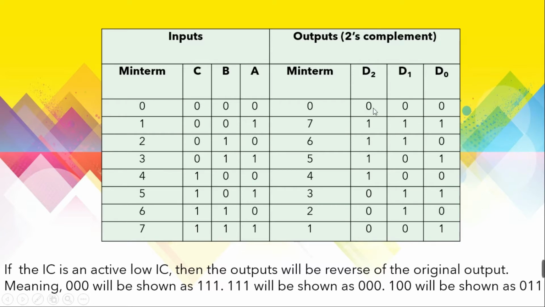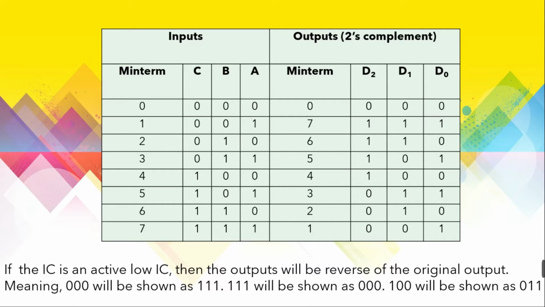It means that if my original output is 0 0 0, like it is here, then since we want to use an active low IC, the output should be 1 1 1. So 0 0 0 will be shown as 1 1 1. If my output is 1 1 1, then the active low IC will produce 0 0 0 at the final stage, because it is an active low IC.